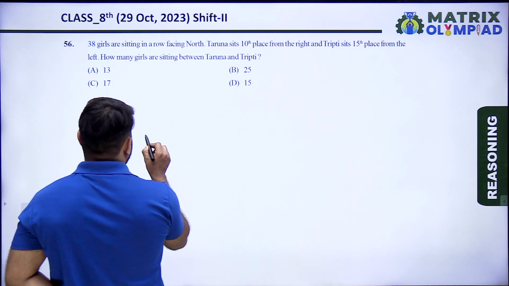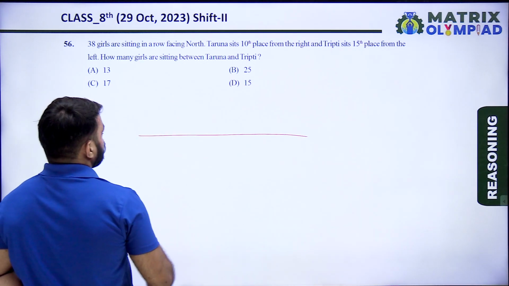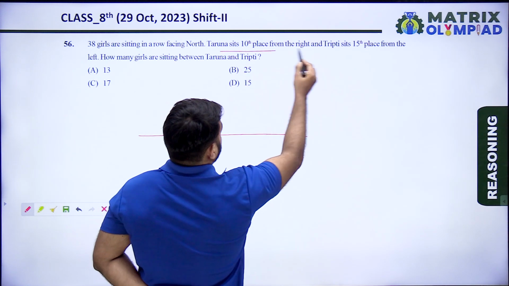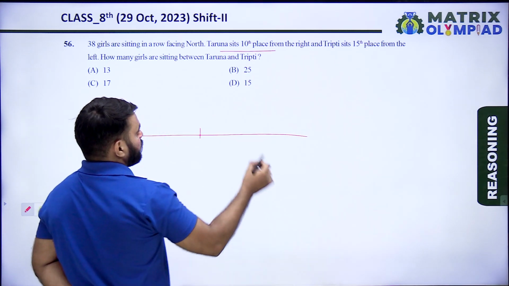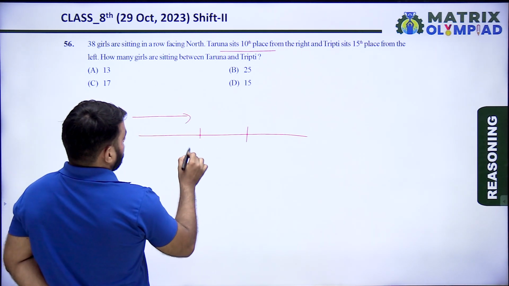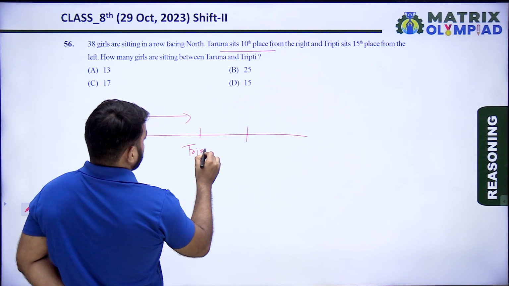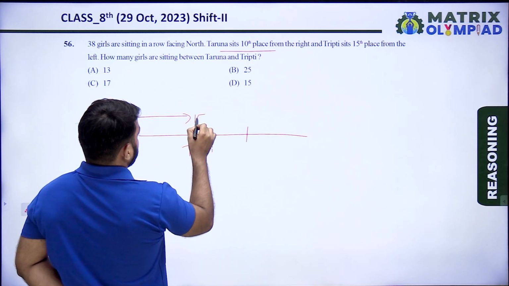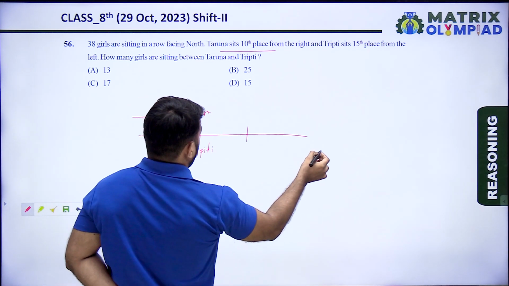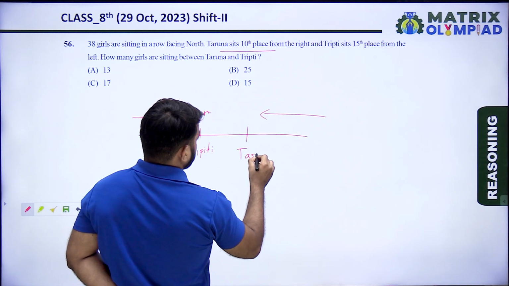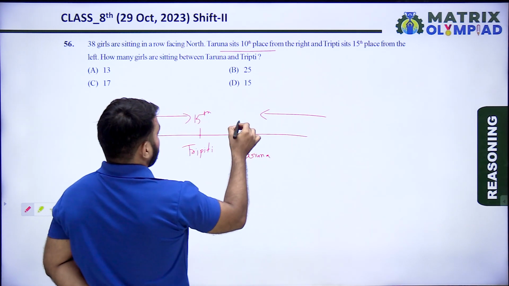So according to the question, position of Tripti from the left is 15 and position of Taruna from the right is 10.